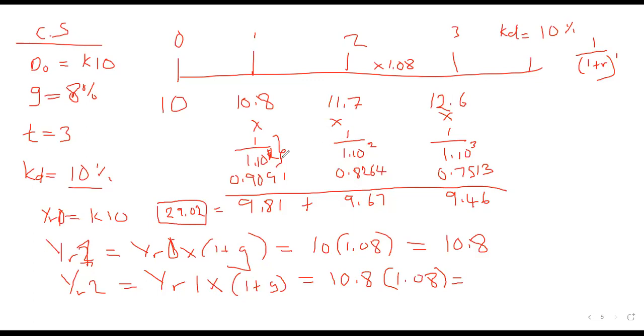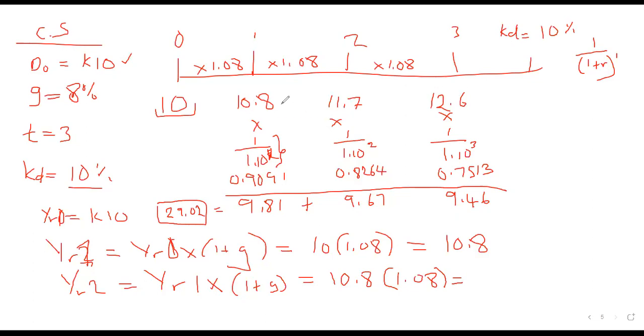So let's go through what we did. We're given a stock that just declared 10 kwacha. With the growth rate of 8%, we're just multiplying by 1.08 throughout. So it grew to 10.8, then 11.7, then 12.6.